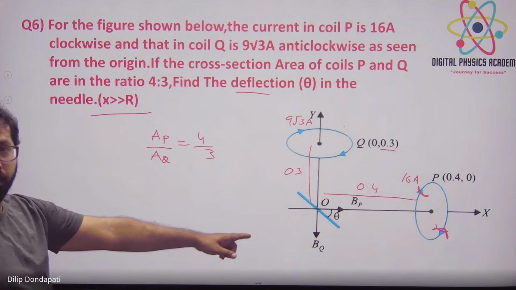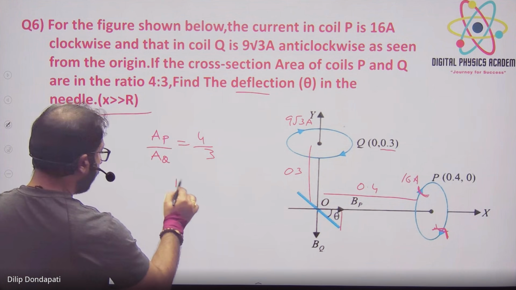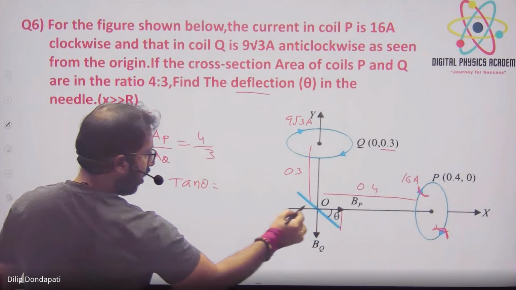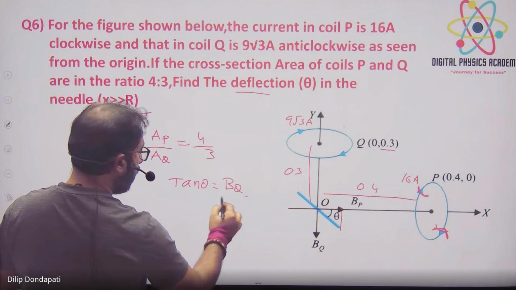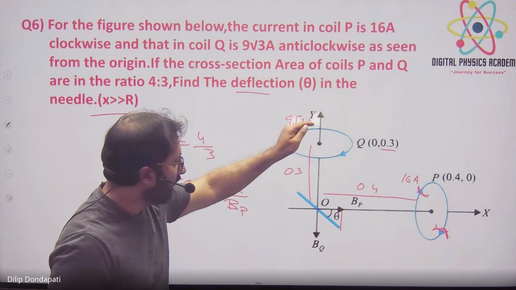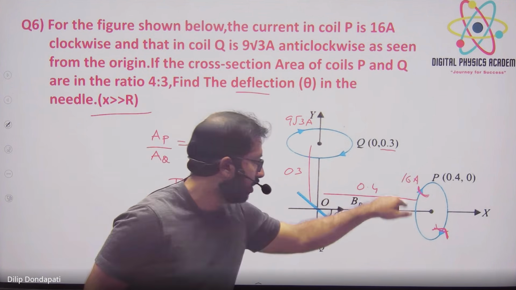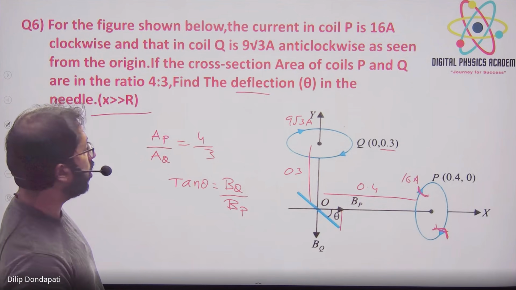Deflection theta. Okay, for theta we can use trigonometry. What is tan theta? Opposite by adjacent. Opposite is nothing but BQ, by BP. For this circular current carrying coil, this is acting like an axis point, and this one is also acting like an axis point. Divide both, and it will come. Try to find theta.